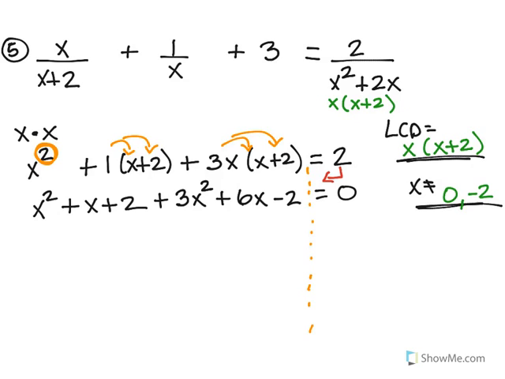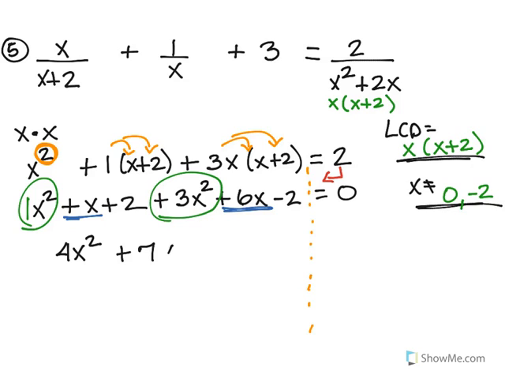Okay, when we combine, you got 1x squared plus 3x squared, which is 4x squared. Then we have 1x plus 6x, 7x. And then what happens with 2 minus 2? It cancels out. So I don't have a trinomial. I got 4x squared plus 7x equals 0.